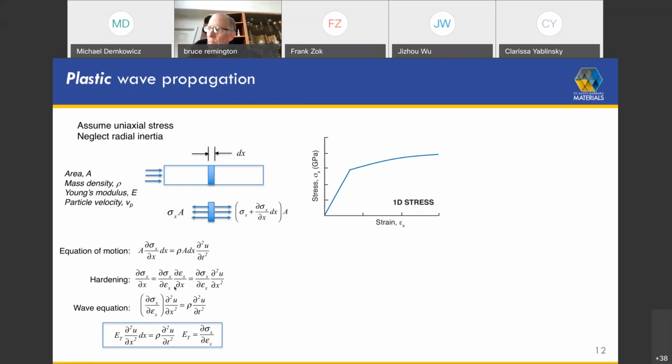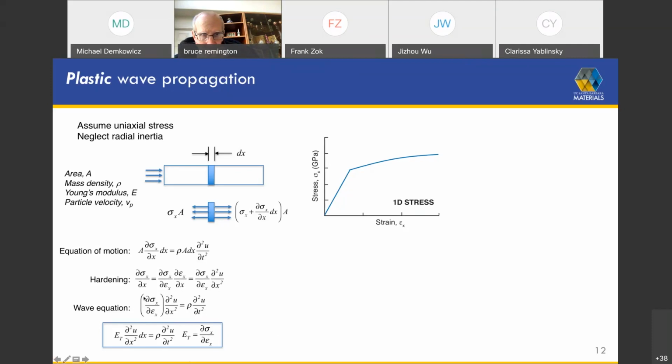And in turn, we can write the strain gradient in terms of the displacement. So we get here the second derivative of displacement with respect to x. We combine that with the equation of motion, and we get a form of the wave equation that's very closely analogous to what we derived earlier.